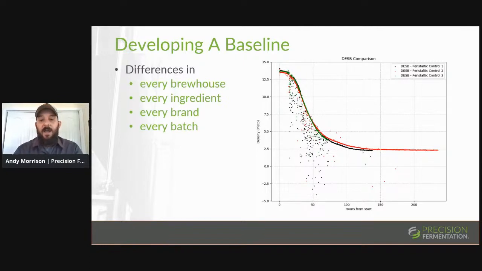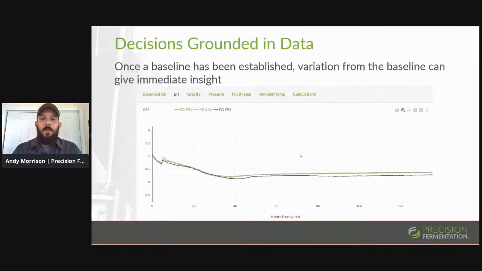What you're going to see me talk about then is kind of comparative graphs, where we're going to be looking at, let's say, one graph that set that baseline, and then a subsequent graph that went off track from that baseline. Really what it's looking at then is, again, that variation. Here's that pH graph. I'm going to come back to it again.